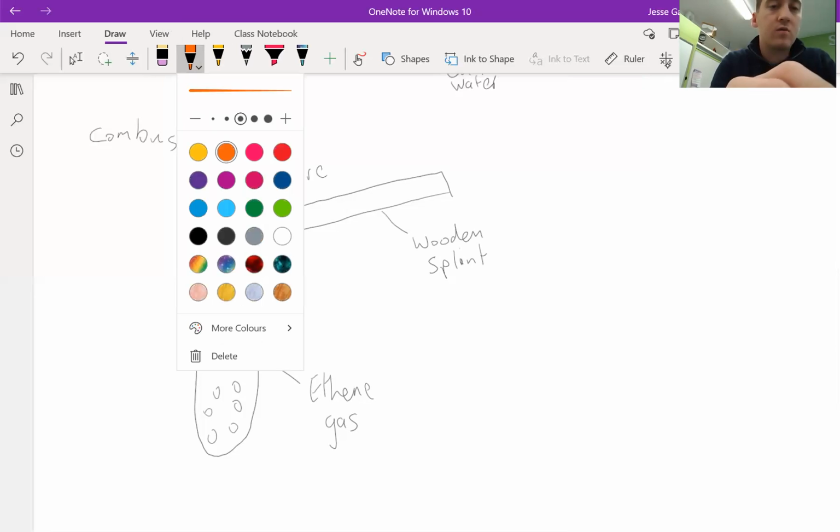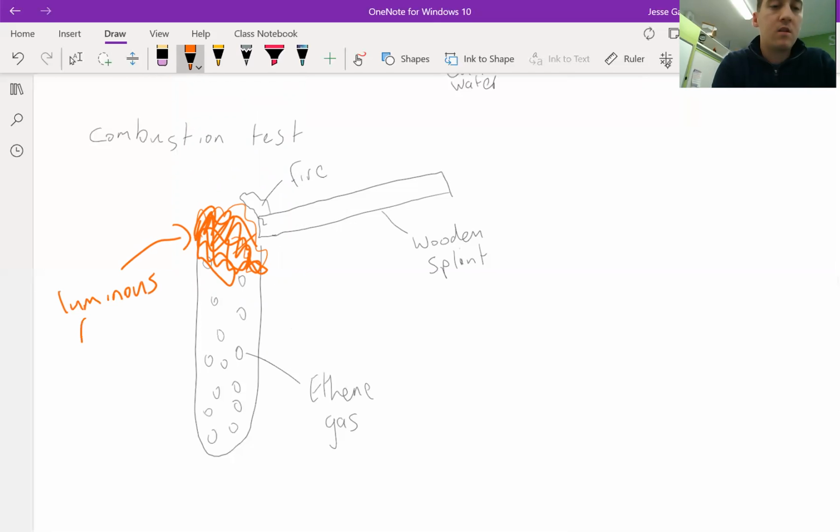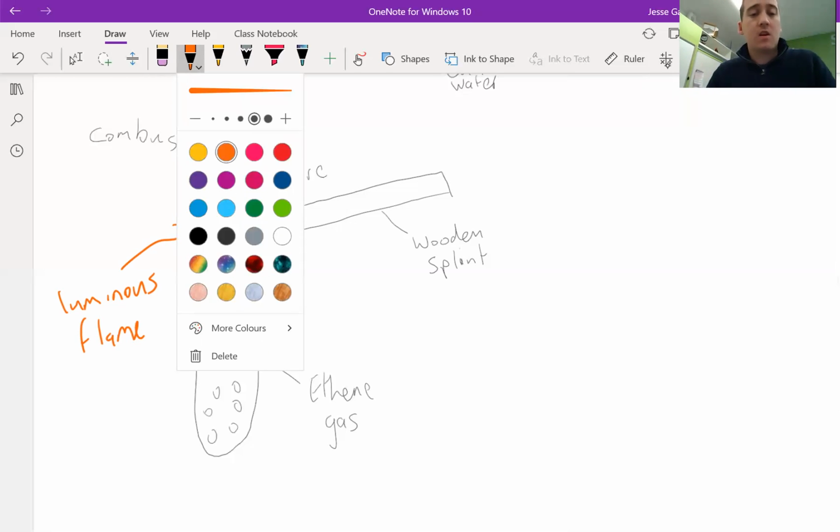I'm going to just make that bigger. It burns with a luminous flame. So after it burns, all the ethene gas molecules burn.